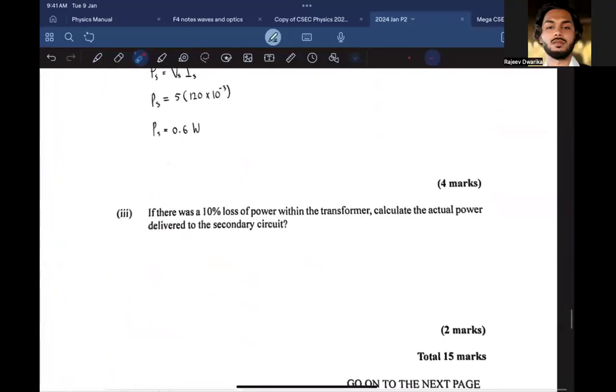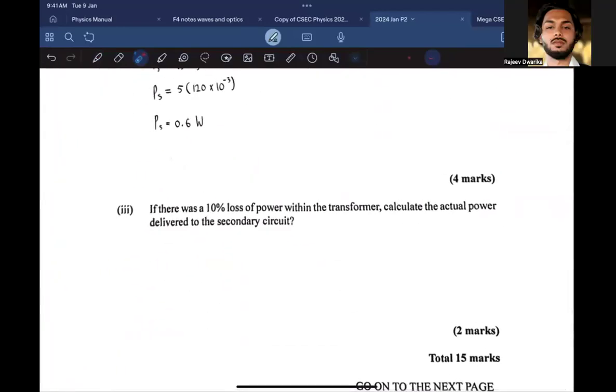All right, so Viet, how am I going to do part 3? If there was a 10% loss of power, calculate the actual power delivered to the secondary circuits. So you're taking off 10% of the initial.